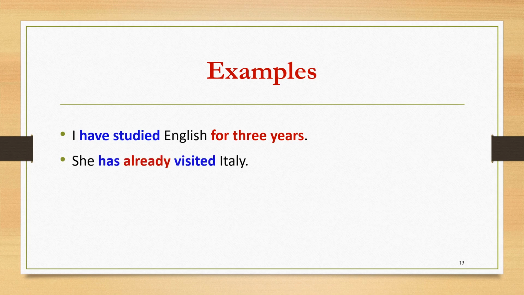She has already visited Italy. So here we have one of the words that we said include a time expression: already. So we use the present perfect. They have never been to a concert.